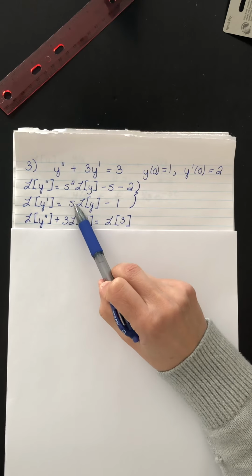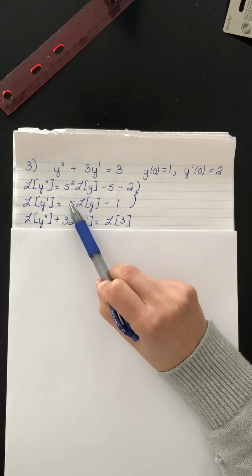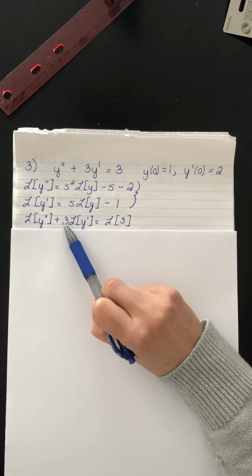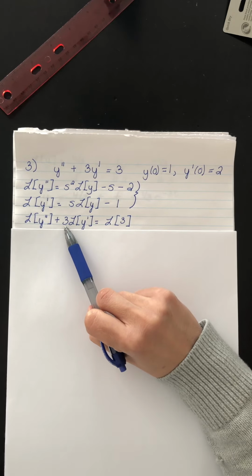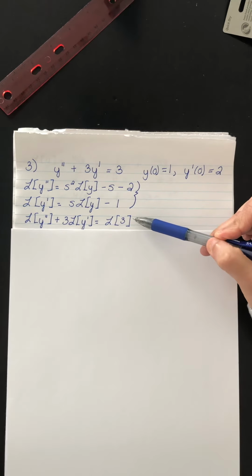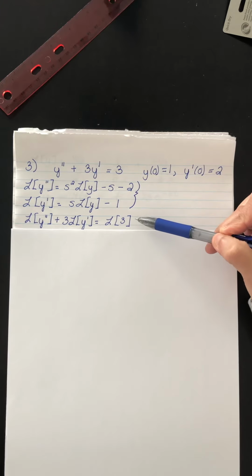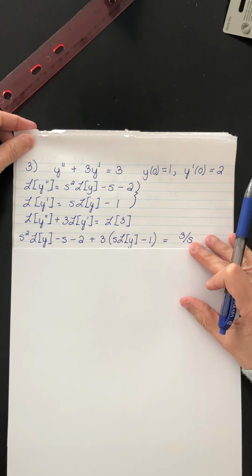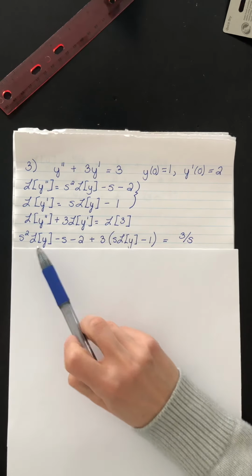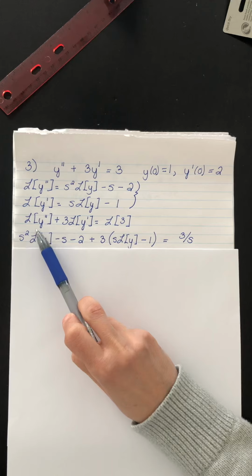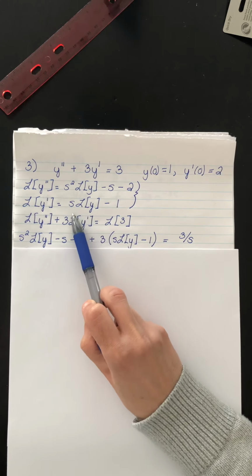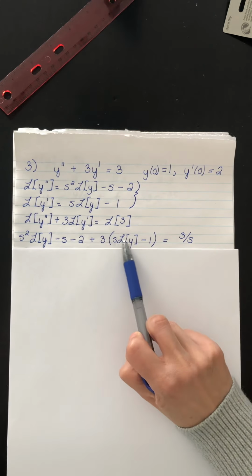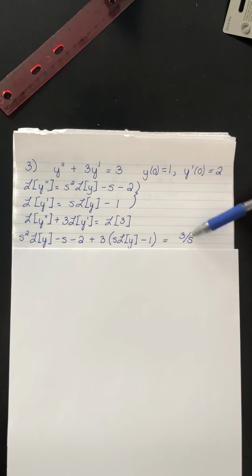We're going to have a bracket here because it is a binomial preceded by this coefficient. The transform of the number 3 will be 3 over s using number 1 from our transform table. Okay, and we get this. So again, 3 terms replacing here, 2 terms replacing here, transform of the number 3.